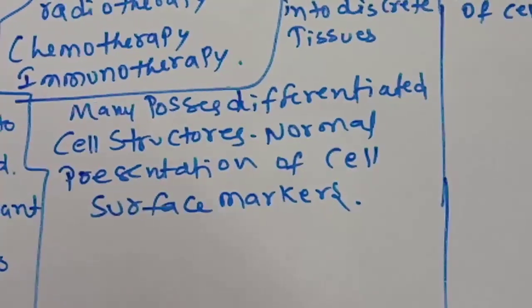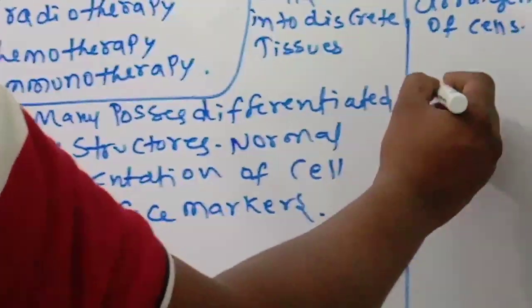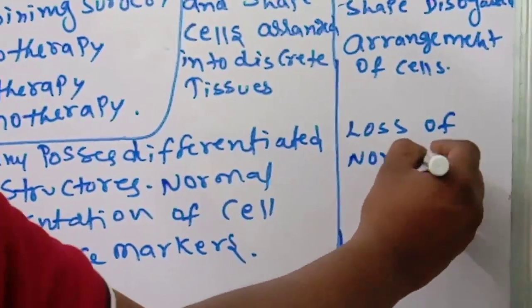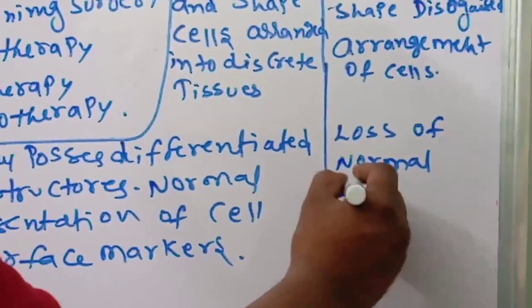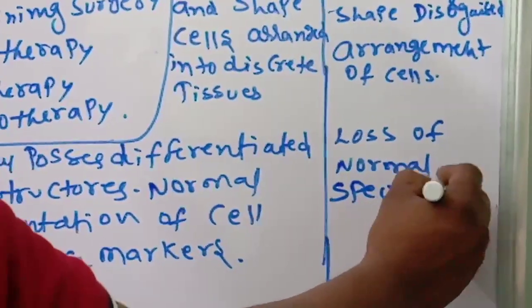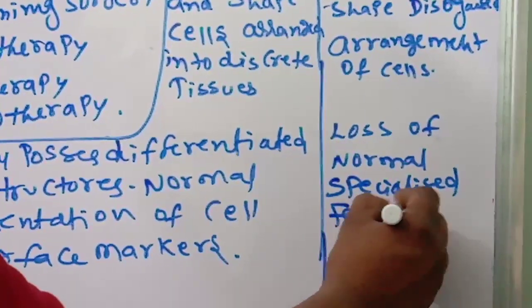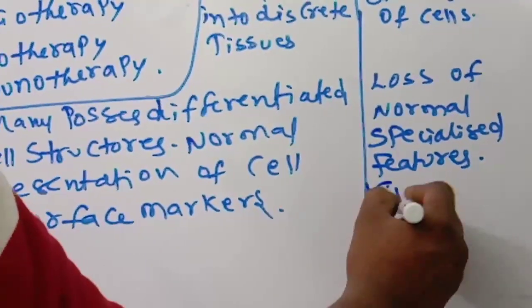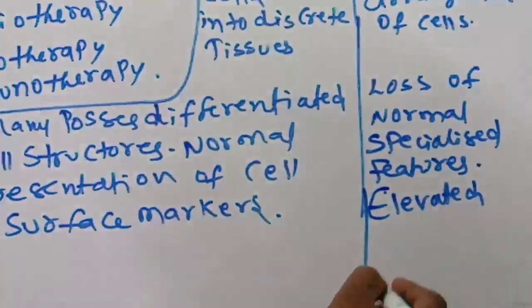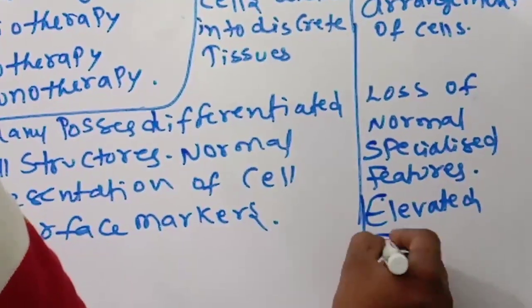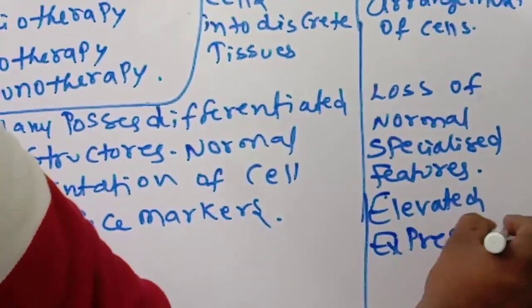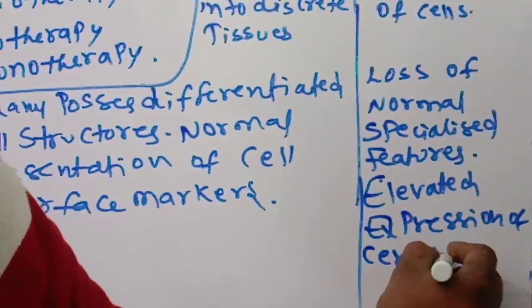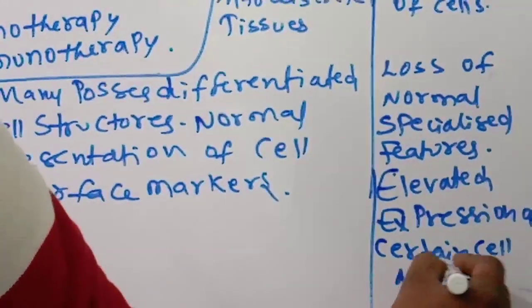That is important, children. Next one, loss of normal specialized features, elevated expression of certain cell markers.